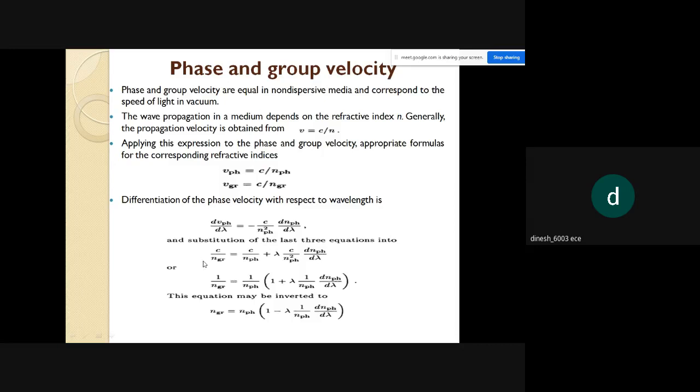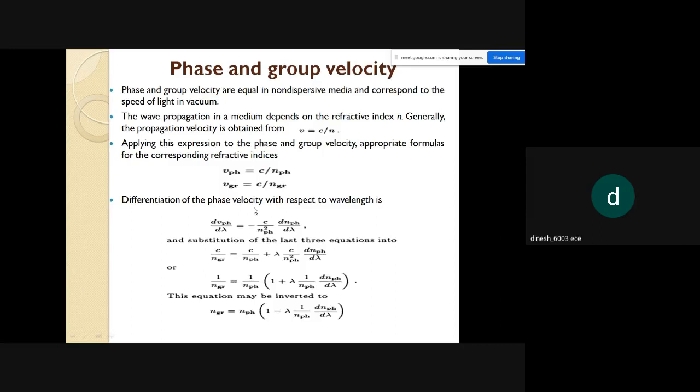Now substitution of the last three equations in the above equation. We know Vph is C by NpH, and we know VGR is C by NGR.